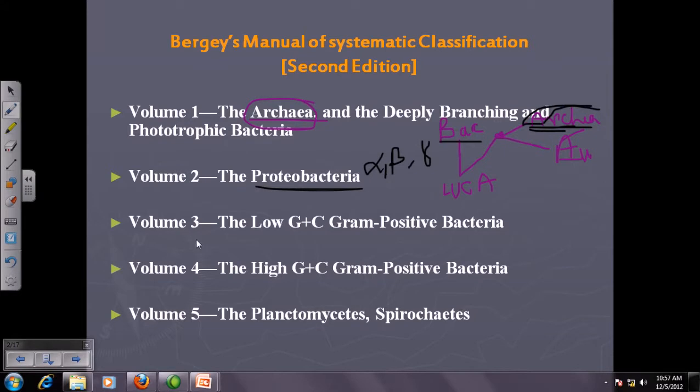And in volume 3, we are going to talk about the gram positive bacteria which have low GC content. This GC content is really important, and nowadays scientists are very interested in it, because it helps us identify between different bacteria and to know whether two organisms are related, whether they are in the same species or not.